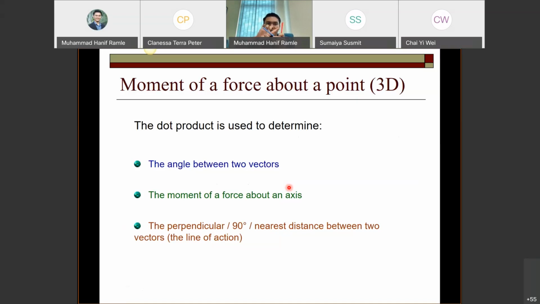Let's say the nearest distance is like this, for example. So we can use dot product to determine this perpendicular distance. All right, let's move to the next one.